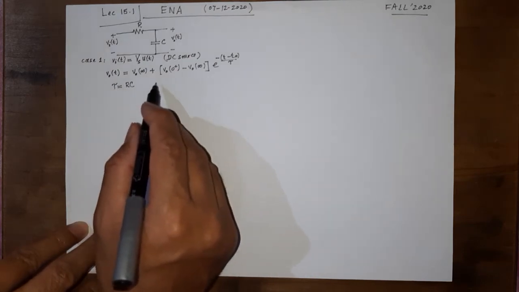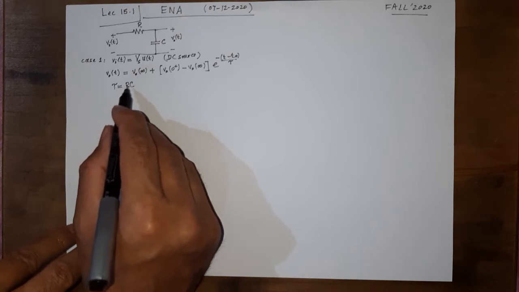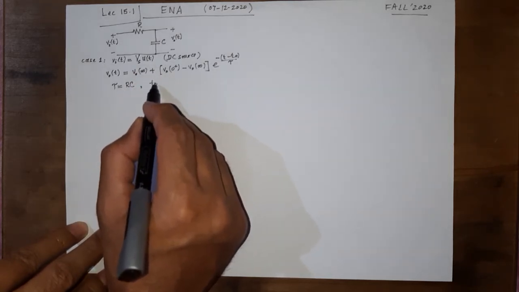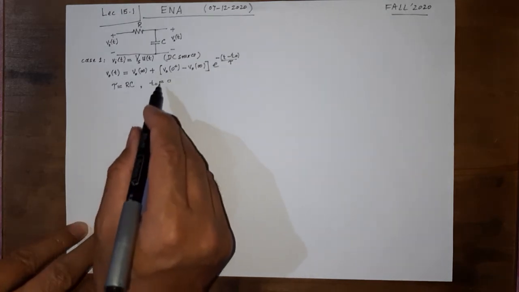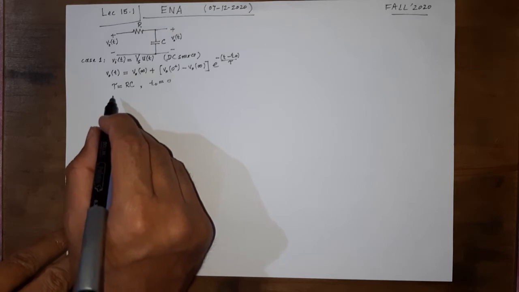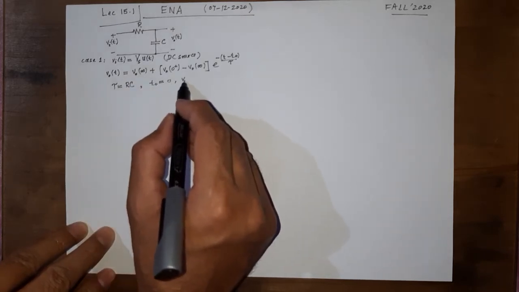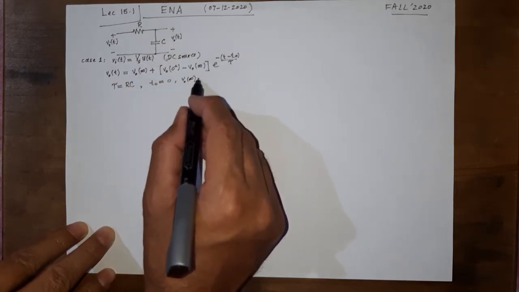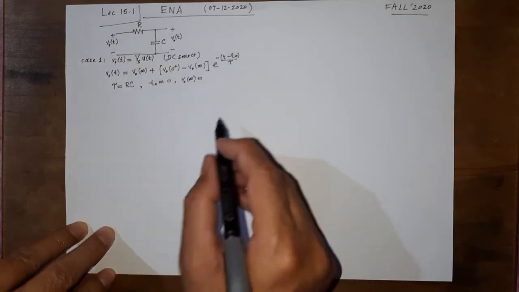Tau was the time constant and it has its definitions. You can revise that. So tau was defined to be RC, and since here we have u(t), therefore t0 in this expression is 0. Switching takes place at 0. And the final value of the voltage across a capacitor in such a setting would be that the capacitor would be fully charged to the voltage that the source is providing.